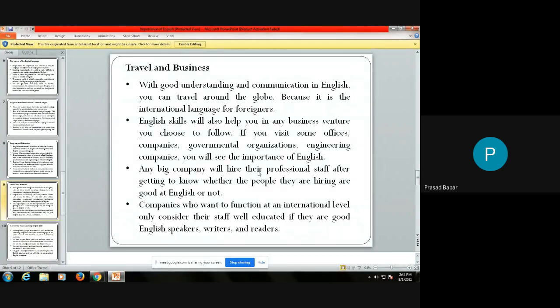So they looted our ornaments and our money, but they could not grab our talent, our abilities and our intelligence, and we are very good at the English language.